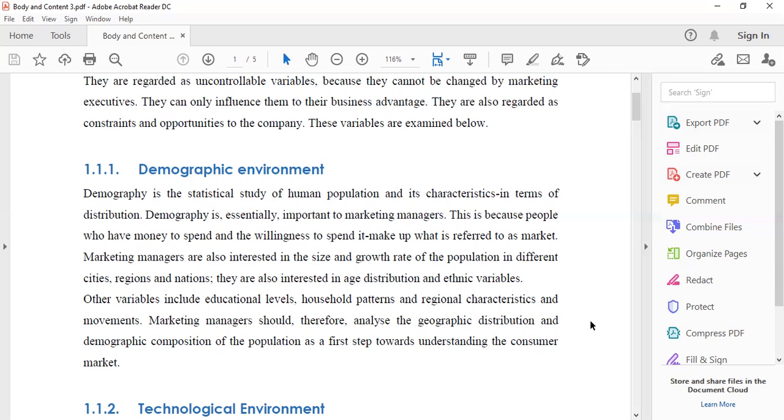So it is important that a marketer gains a deeper understanding of the demographic environment and tries to adapt to them, and also tries to take advantage of the opportunities that these specific and unique characteristics provide.